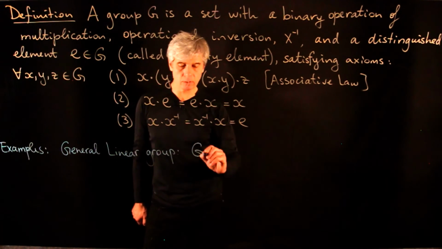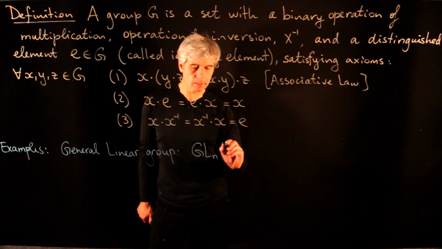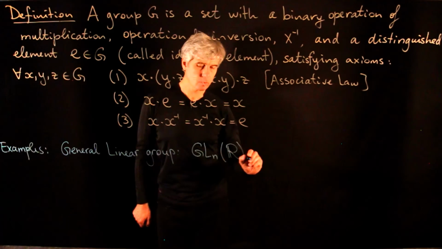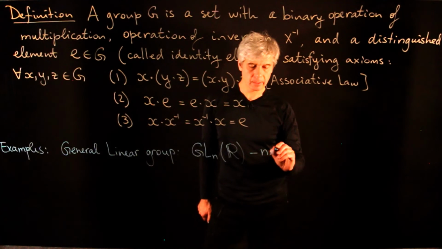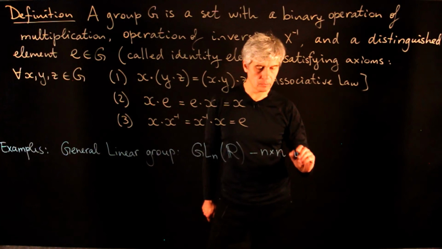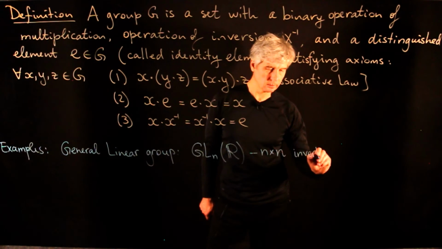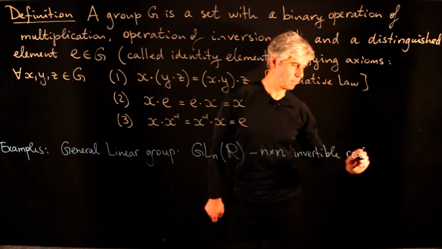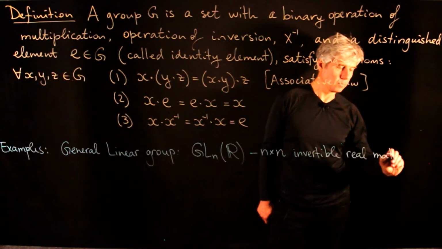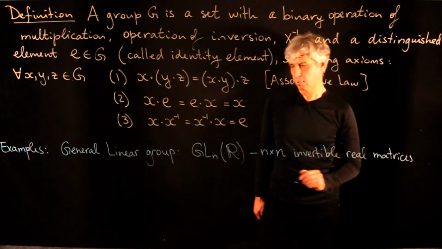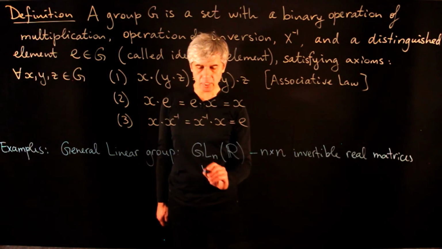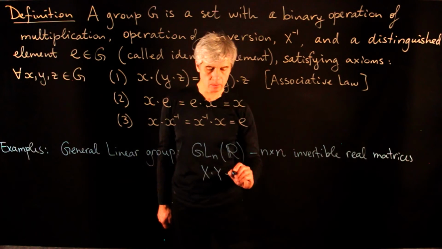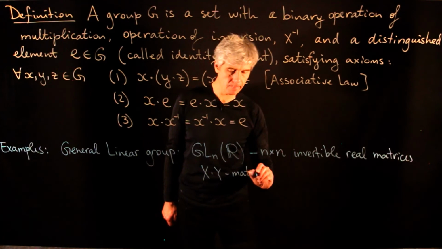So we can take GL n R. So this will be n by n invertible real matrices. So here the operation, x times y, is matrix multiplication.